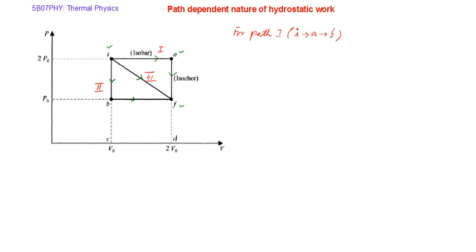So we started with V0, and the final volume of the system is 2V0. So the volume has doubled. Hence it is an expansion. That is one thing that can be concluded by just referring to the initial and final volumes.